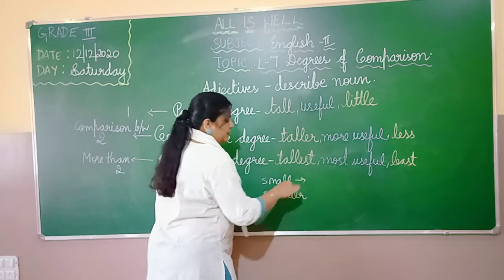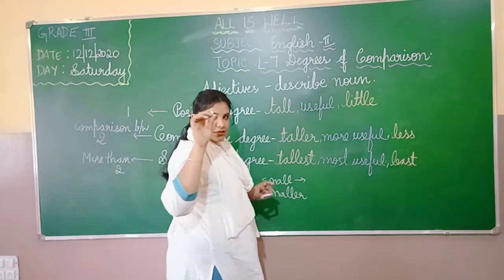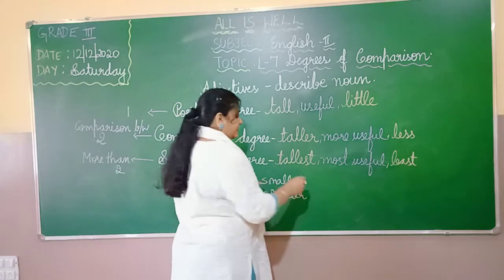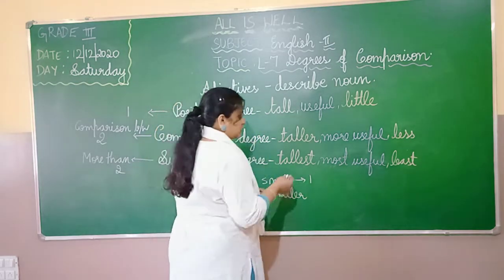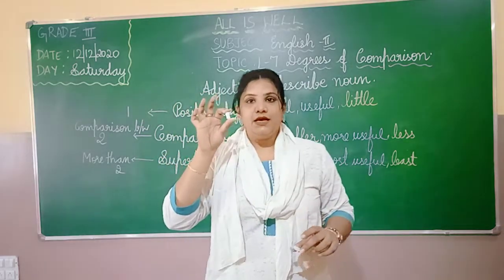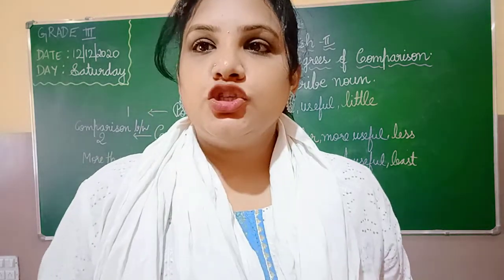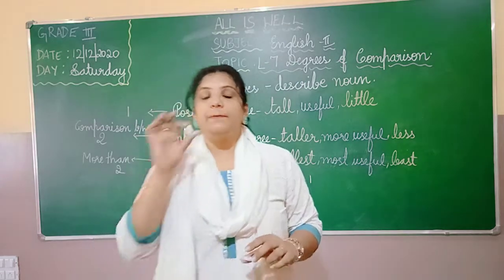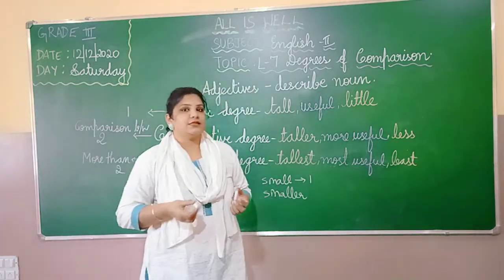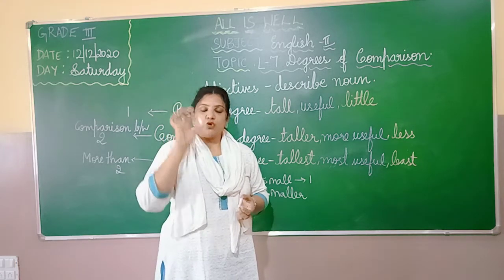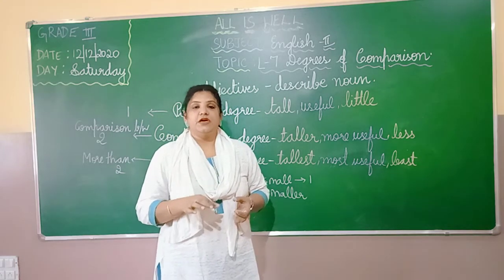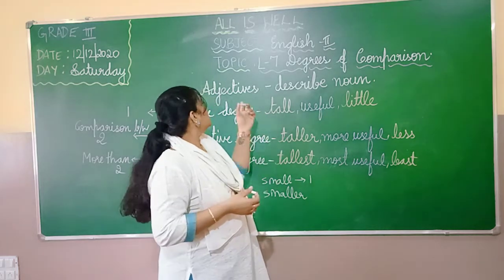When I am talking about only one thing, one noun, it is small. When I am comparing between 2 nouns, chalk is a thing, right? Chalk is the name of a person, place, animal, or thing. That is your noun. So chalk is a noun. Small is an adjective.